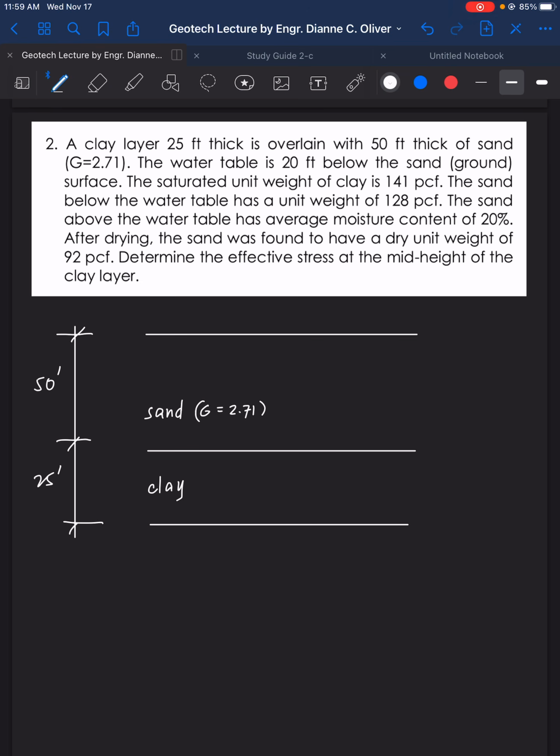The water table is 20 feet below the sand or the ground surface. So here is the water table. We can have that symbol, or let's just say WT for water table. And that is located 20 feet below the ground surface.